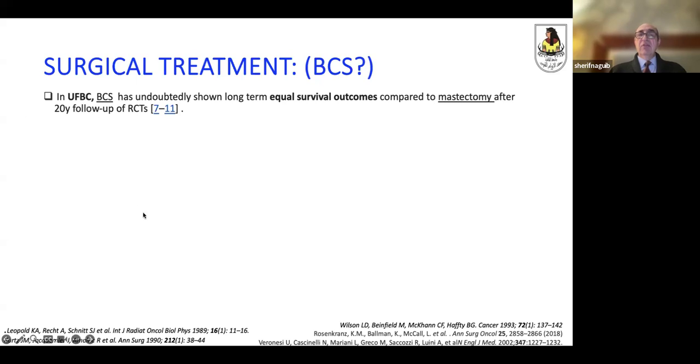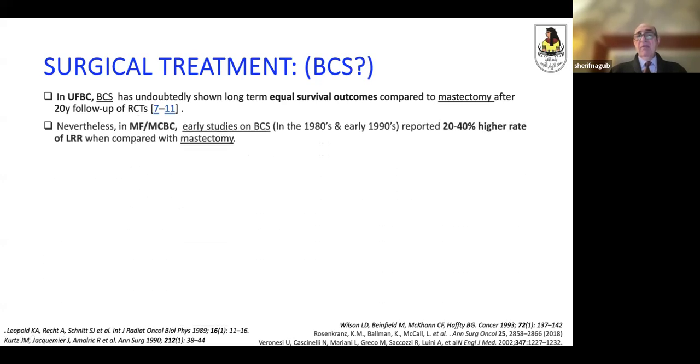Actually, breast conserving surgery has been found to be as good as mastectomy and to give equal survival outcome as mastectomy for unifocal breast cancer. Nevertheless, the early studies that tried breast conserving surgery on multifocal and multicentric breast cancer reported a higher rate of locoregional recurrence, which reached up to 40% higher when compared to mastectomy.